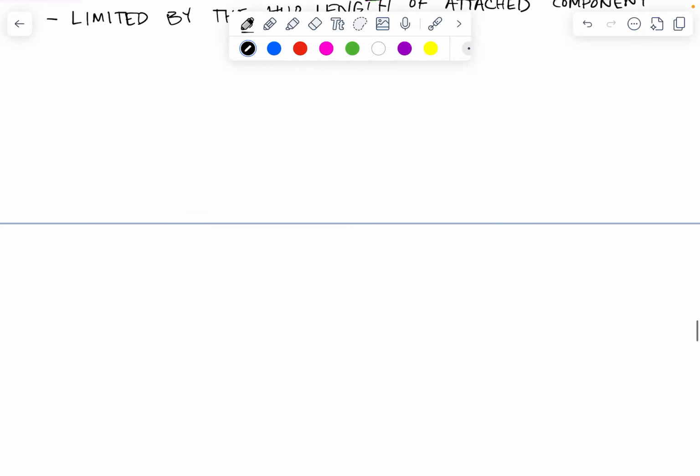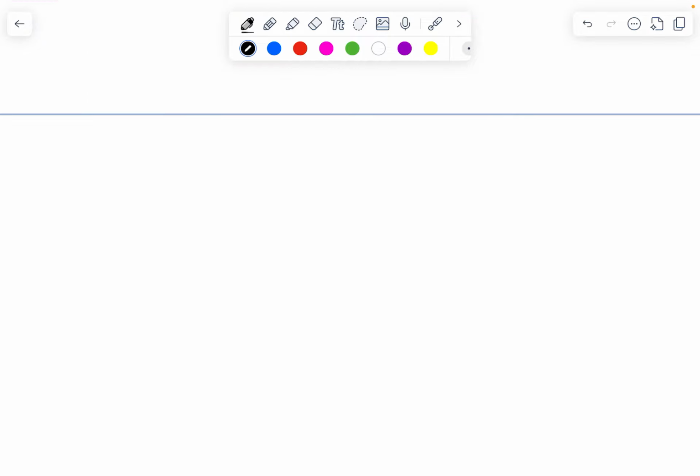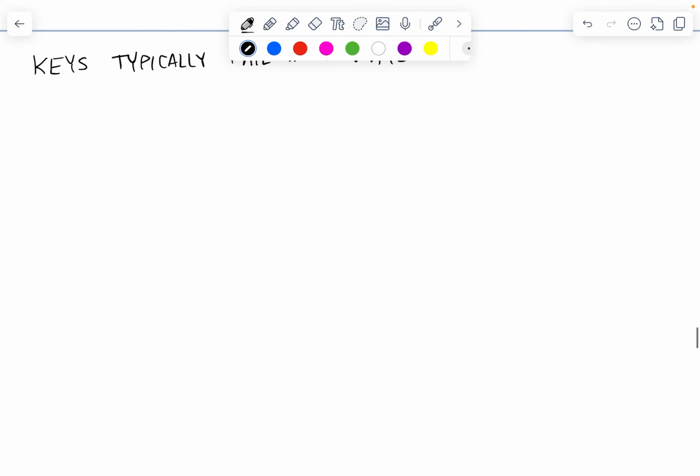All right, so last thing on keys, let's talk about key failure modes. So keys typically fail in one of two ways. The first is a shear failure.